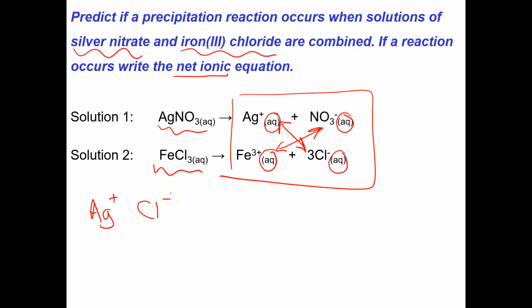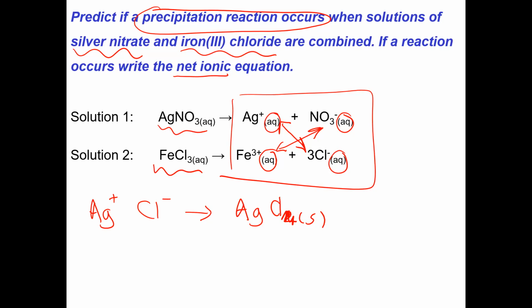Well, silver ions and chloride ions have equal and opposite charges, so they're going to combine together to form solid, we don't need 2 of those, solid silver chloride. So we've answered the first part of the question. Yes, a precipitation reaction will occur, and the product of that reaction will be solid silver chloride.